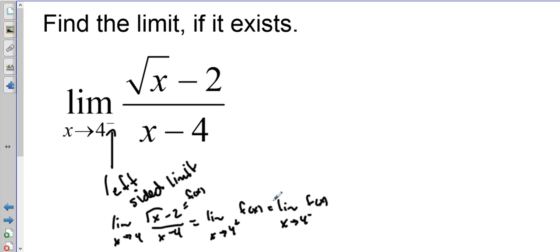So this one will exist. We could graph it, but it does have two sides.